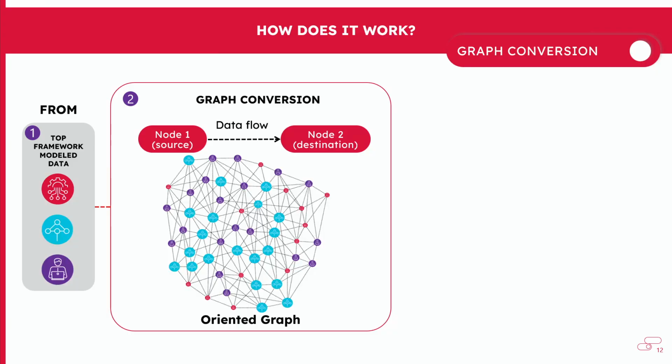Once we have this model coming from the TOP framework, the next step is based on graph theory. Graph theory is very well known, and different methods and algorithms have been developed across the years. What's the idea behind it? The idea is to take the source and destination I just described and put them into nodes, from node 1 to node 2, with some data flowing from one to another.